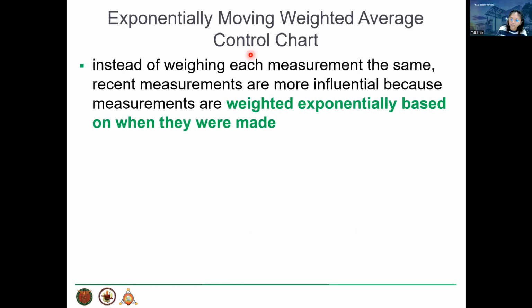So kahit nag-change talaga, kaya ka naglalagay ng weight. And you assign a greater weight or a heavier weight dun sa present days. Did I answer your question? Any more questions?